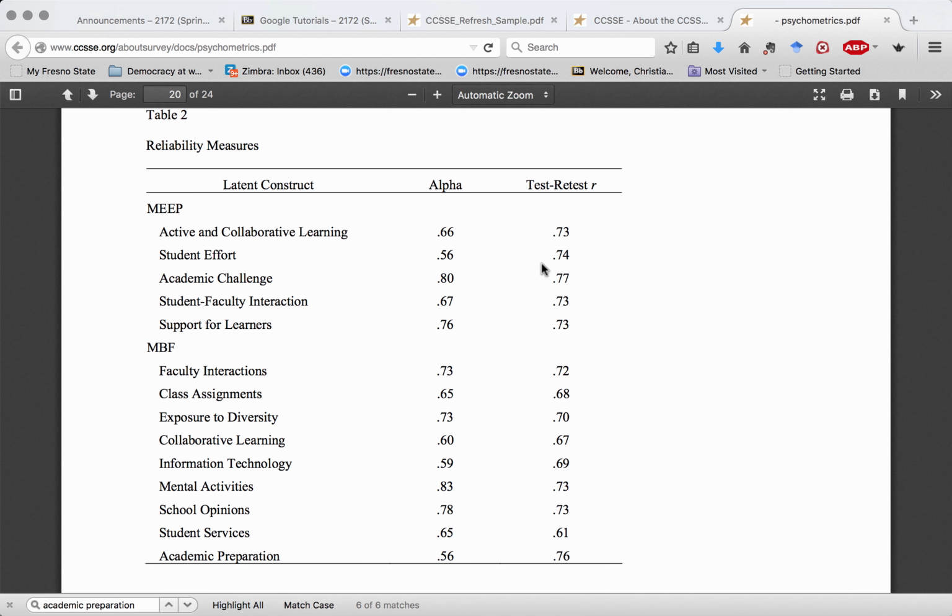So if we look overall at the alpha, using the 0.70 criterion, we actually have 8 out of these 14 that are below the 0.7 value, which is not ideal.